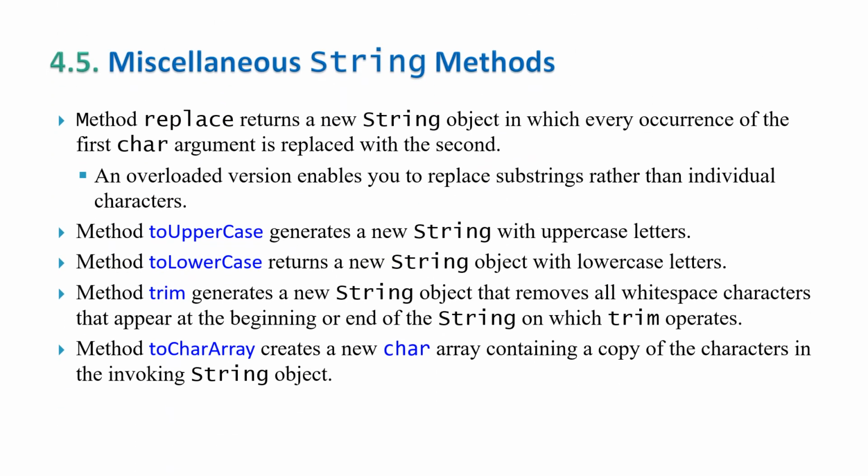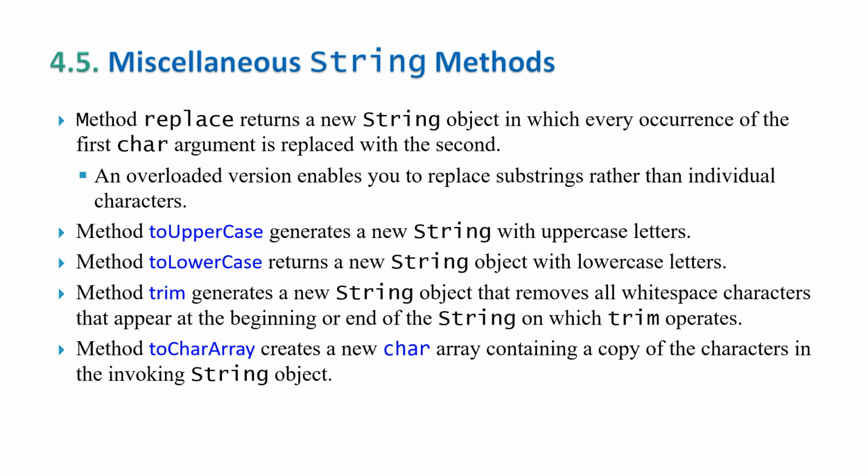There are many other miscellaneous string methods that are useful to process strings. Let's go over some of them. Method replace returns a new string object in which every occurrence of the first char argument is replaced with the second argument.